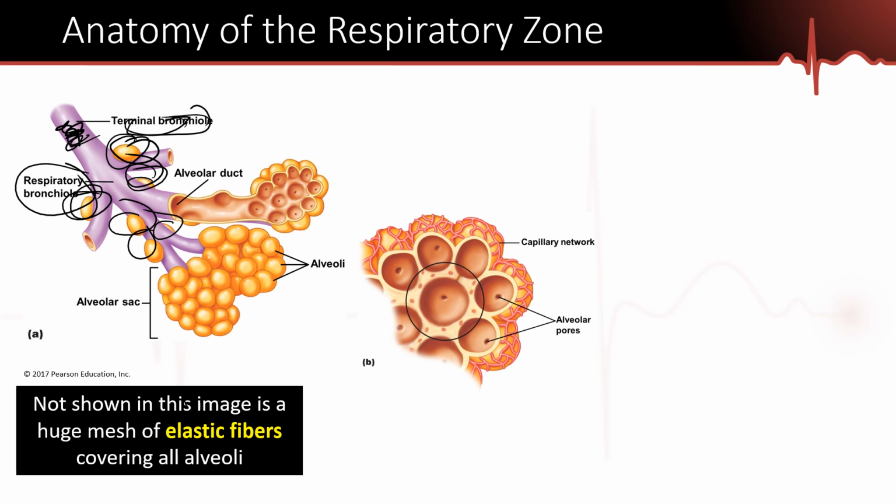So why all of a sudden do we call them respiratory bronchioles? Well, the air that's traveling through the terminal bronchioles and then into these respiratory bronchioles goes into these little sacs called alveoli. And that's where ultimately gas exchange happens. Air is made up of gases, by the way, if that wasn't clear.